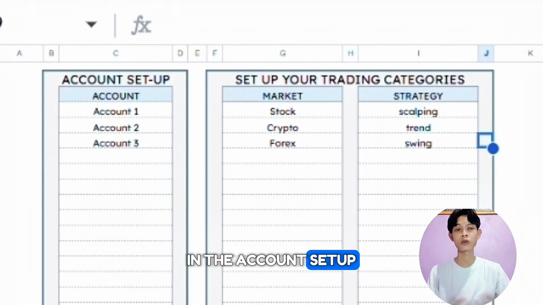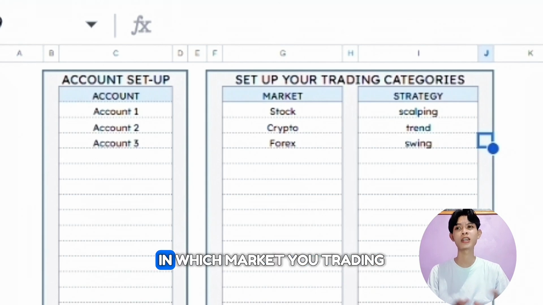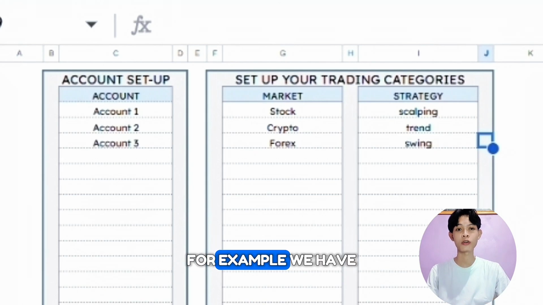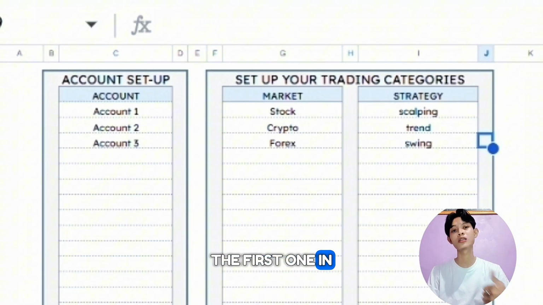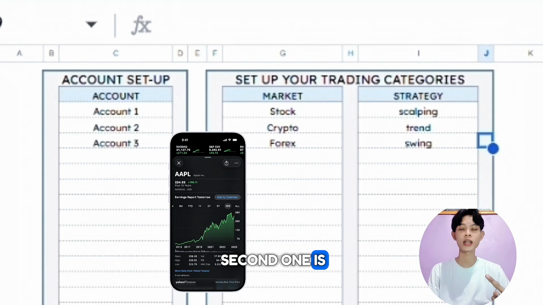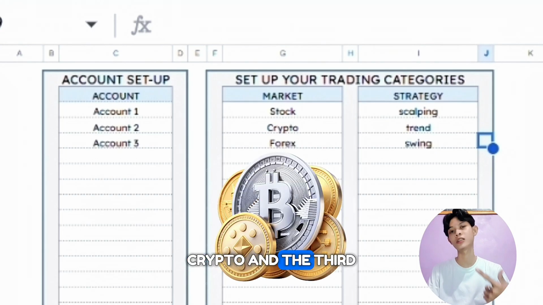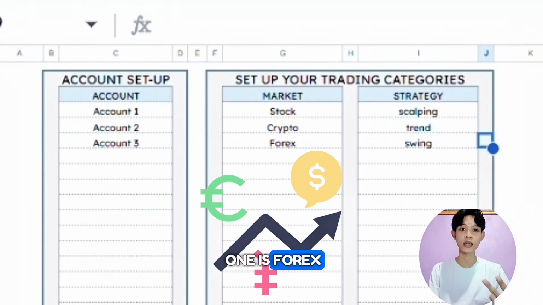In the account setup, you can insert your account name, and for the market you can choose which market you are trading. For example, we have three, right? The first one is stock, the second is crypto, and the third is forex.